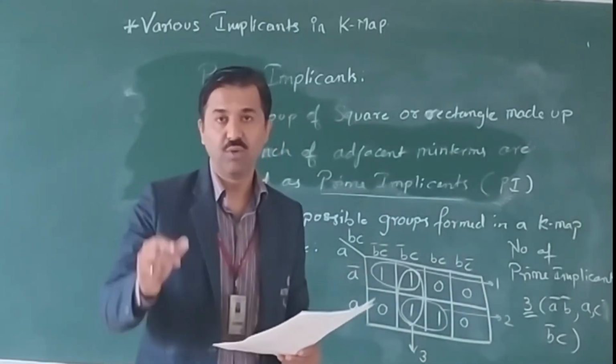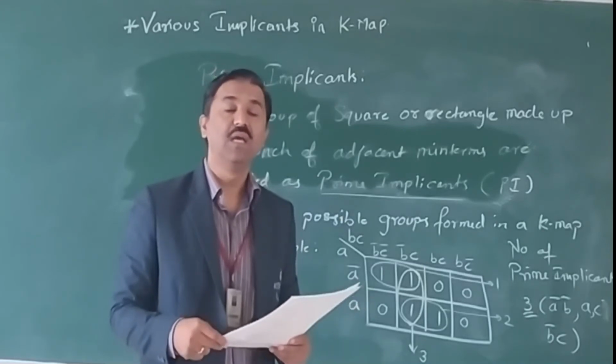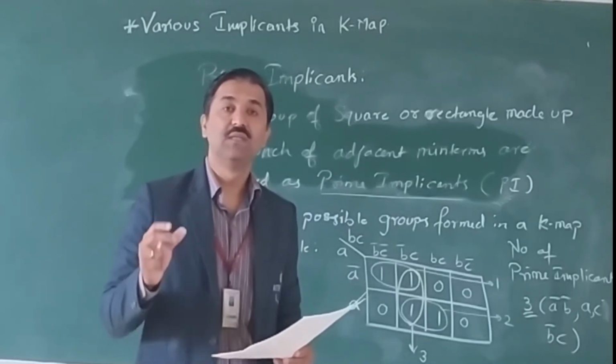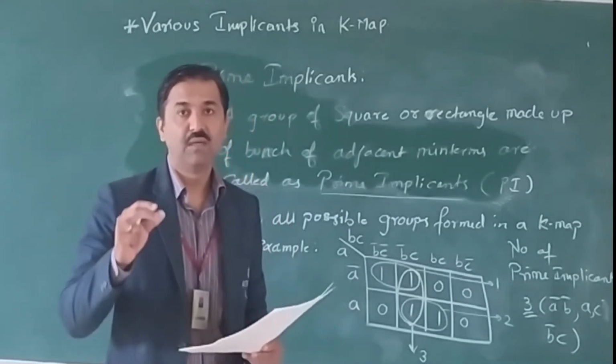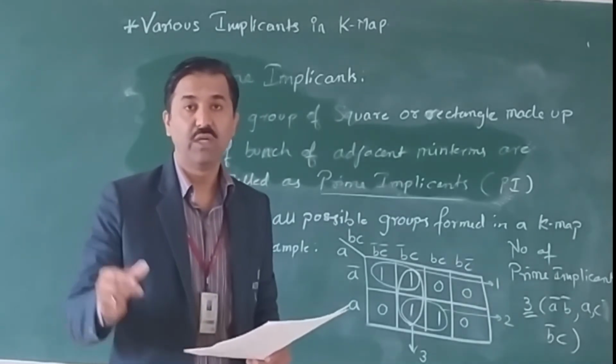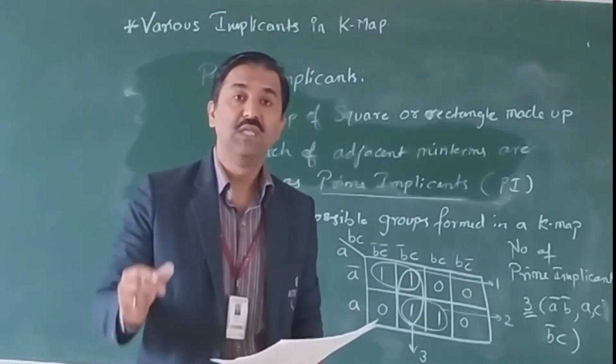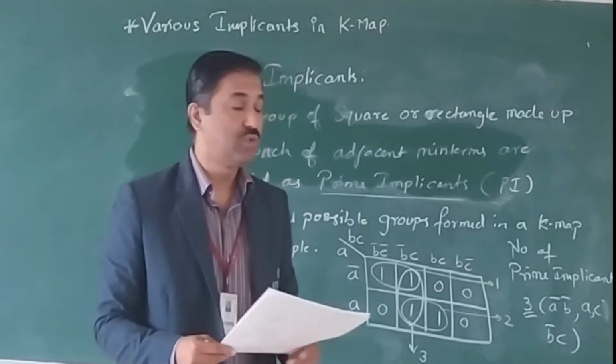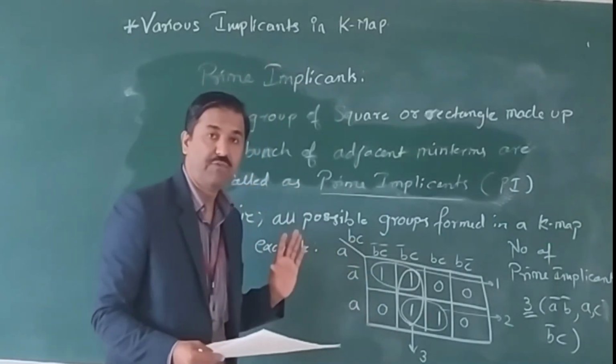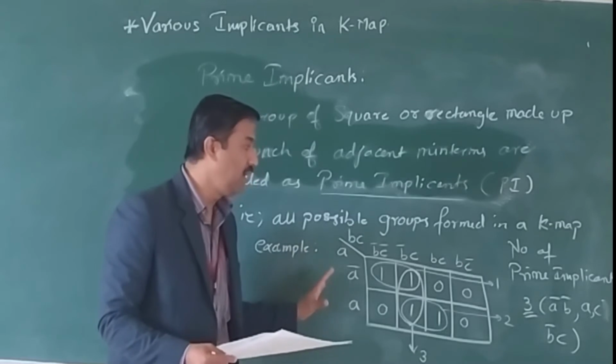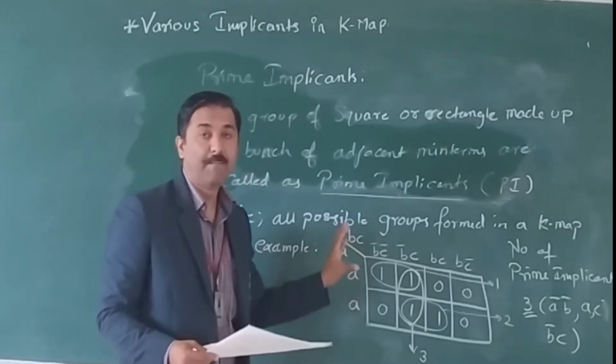Further we will be solving more examples to have better clarity with respect to implicants and prime implicants. The next part we are going to cover is essential prime implicants. Hope you have understood the definition and the example and how we group the prime implicants.